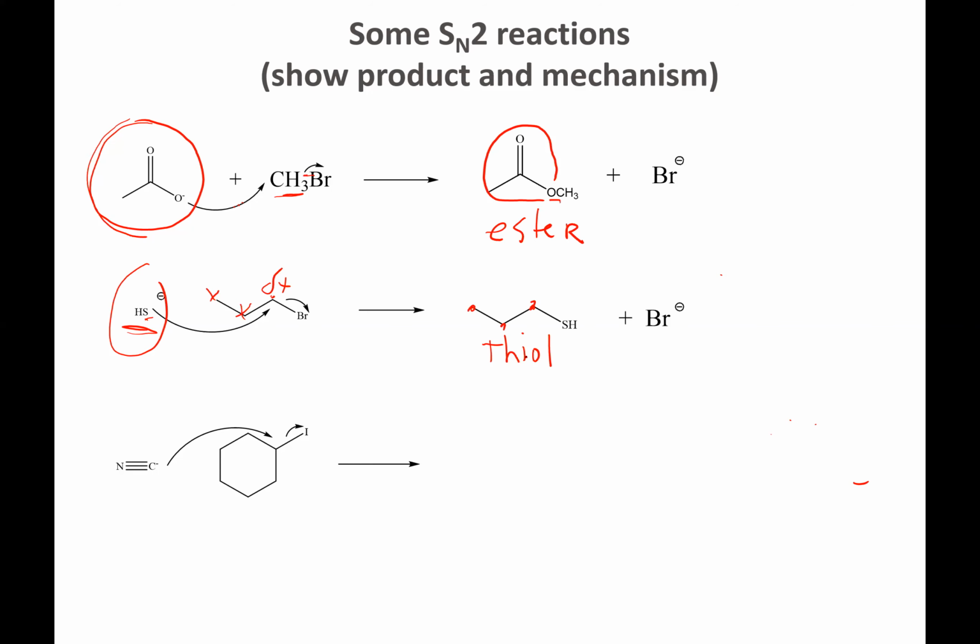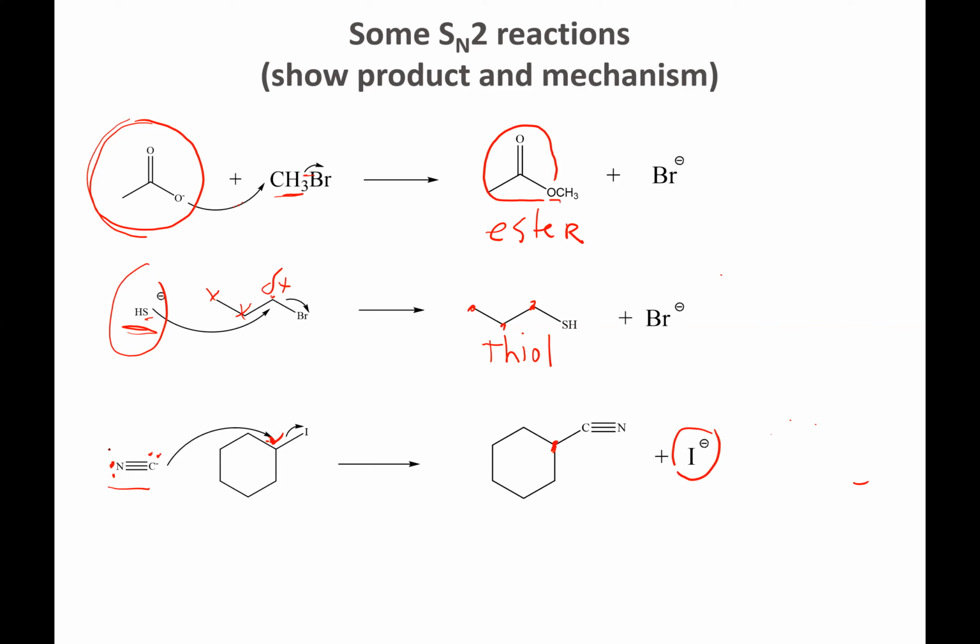And finally, we have cyanide, CN minus. This should point to that carbon. Iodide is displaced, and so you get the cyanide attached now to the cyclohexene ring rather than the iodide. Notice that the C has a lone pair and the nitrogen has a lone pair, but it's known from experiments that the carbon is the stronger nucleophile.